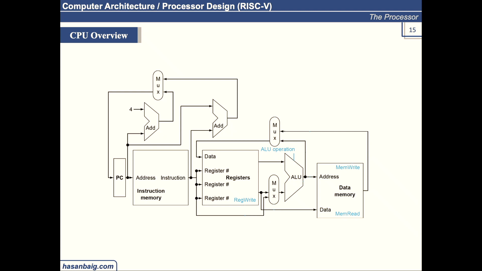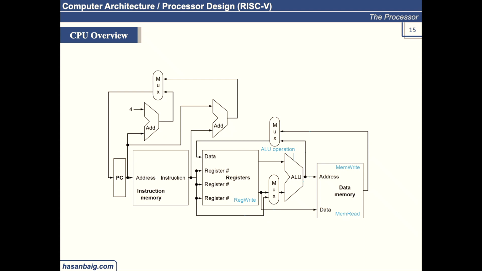So who will decide whether we need to write the register, what operation we need to perform, or whether we need to read the memory or write the memory? Opcode. Based on the opcode, we need to decide what operation to perform and which signals can be set to 1 or 0.